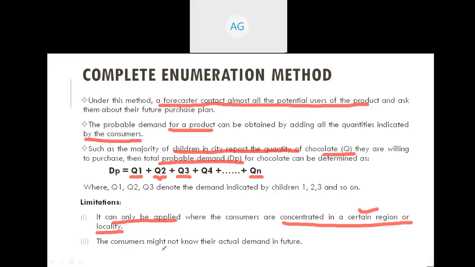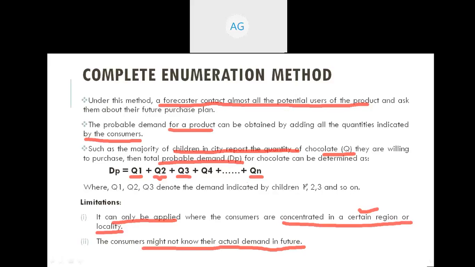The consumer might not know their actual demand in future. So this is the example of the chocolate, using the complete enumeration method. You already know the enumeration.